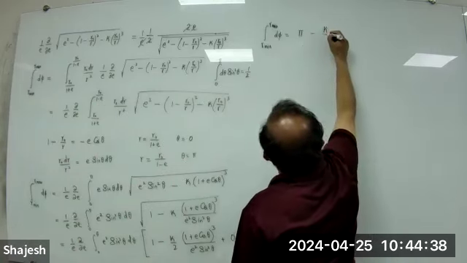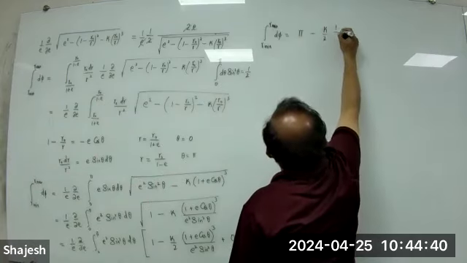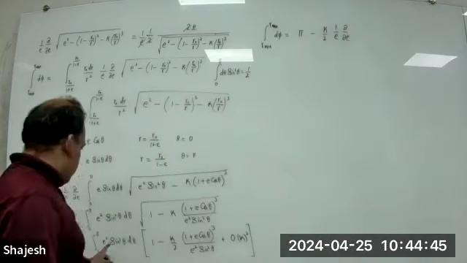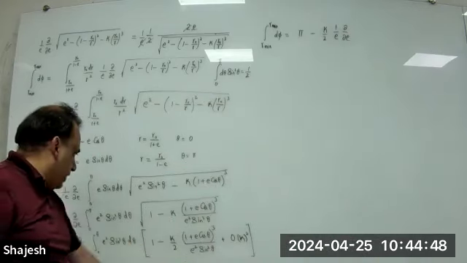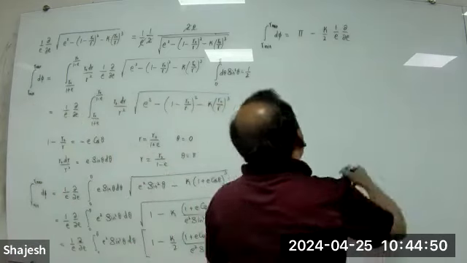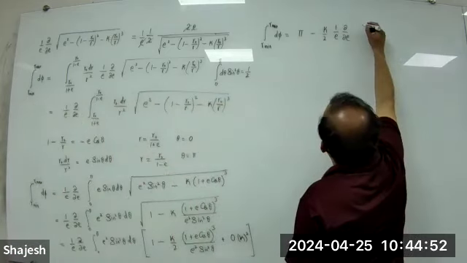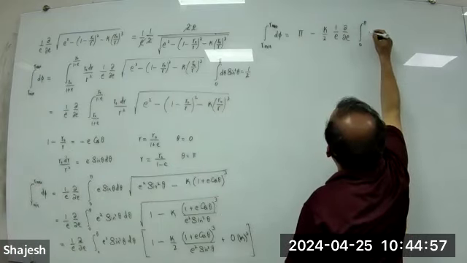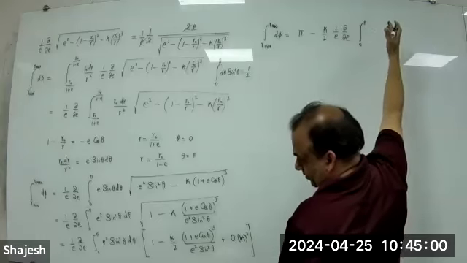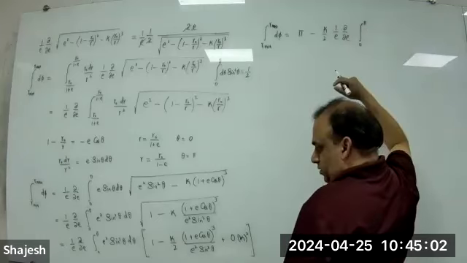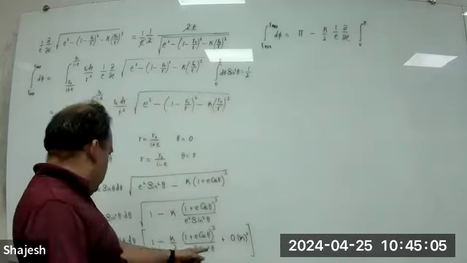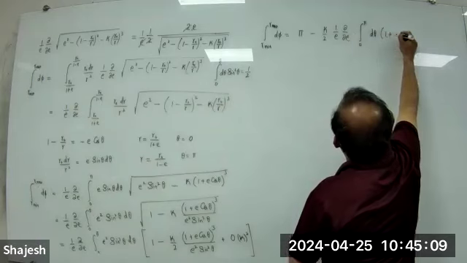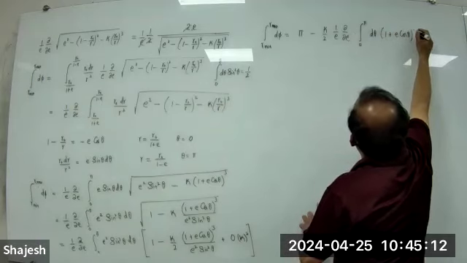So kappa over 2 can come out, and that is 1 over e partial derivative with respect to e, and there's this e squared, and e squared cancels. So it is the integral from 0 to pi of d theta (1 plus e cosine theta) cubed, and sine squared theta cancels.